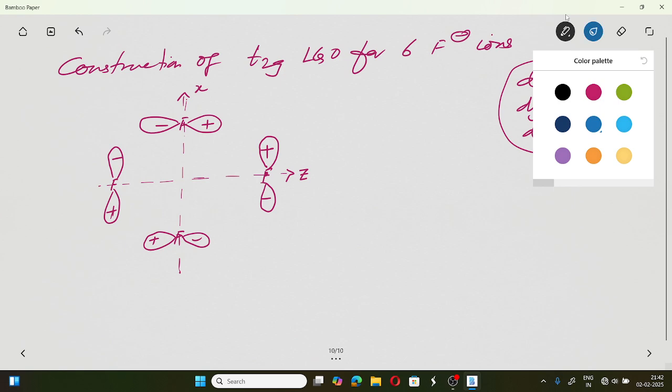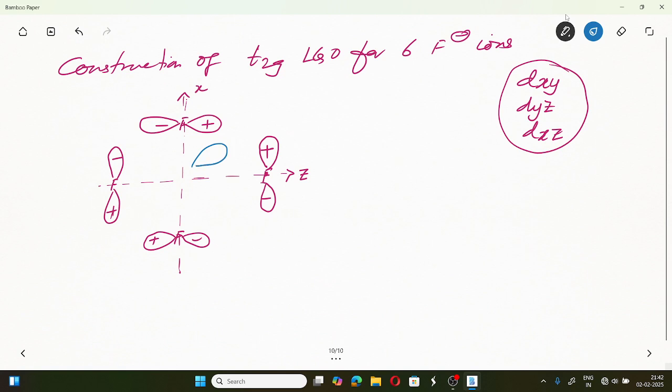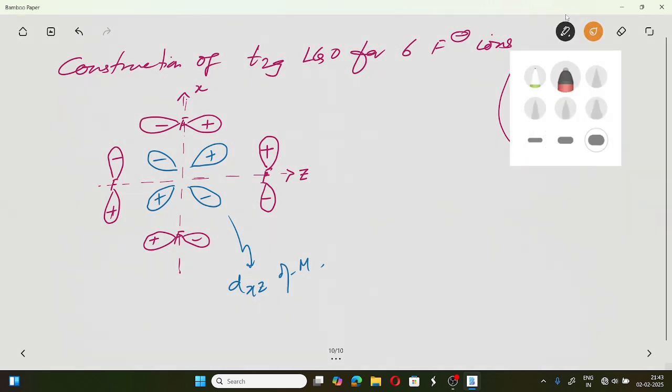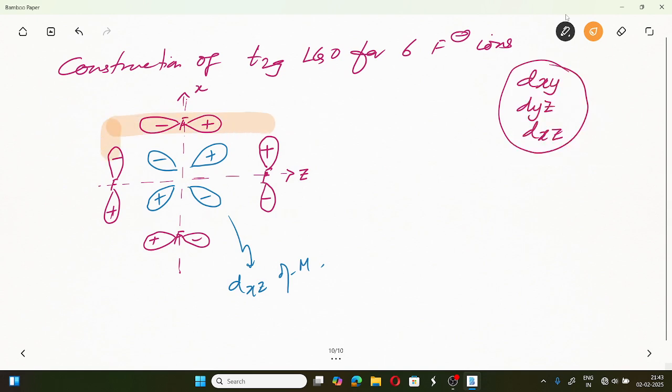এই যে কম্বিনেশনটা হচ্ছে, this will have matching symmetry with this orbital of the metal. It will have matching symmetry with what? DXZ of metal. So in this way, so we have constructed, এই যে যেটা দেখিয়েছি আমরা, this is how we have constructed the LGO having matching symmetry with DXZ.